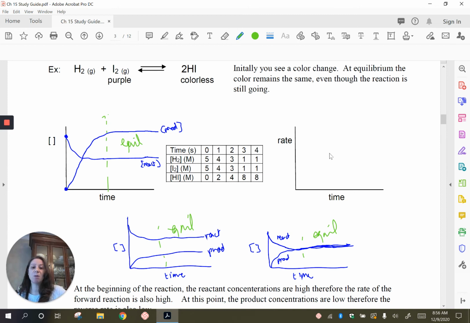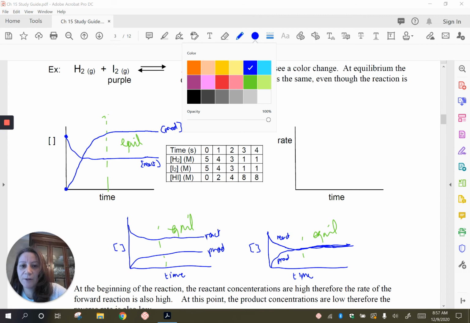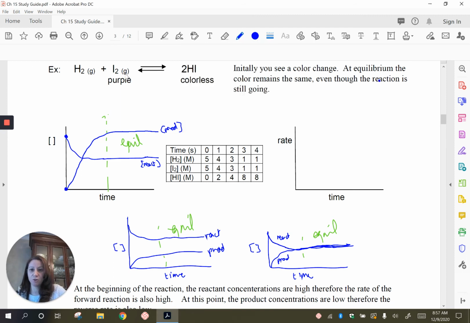Okay, let's talk about rates: how fast the reaction is going, the forward and the reverse reaction. So at the beginning of the reaction, you only have reactants, right? You only have H2s and I2s. And so the forward rate is going to be pretty high because there are lots of reactant particles that can collide together and form products.